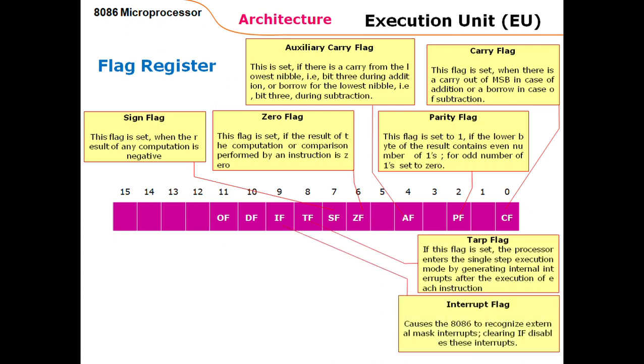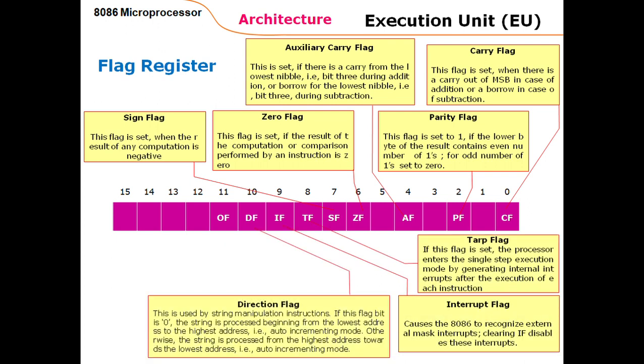Similarly, there is a direction flag at position 10. The direction flag is responsible to set auto increment or auto decrement mode of execution. When this flag is set to 0, the auto increment mode is selected. This flag is normally used by the string instruction.